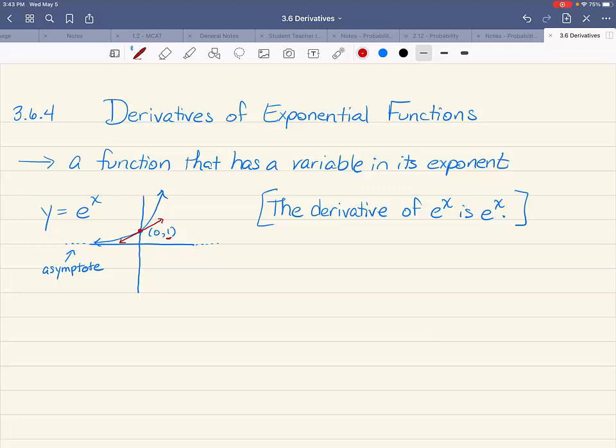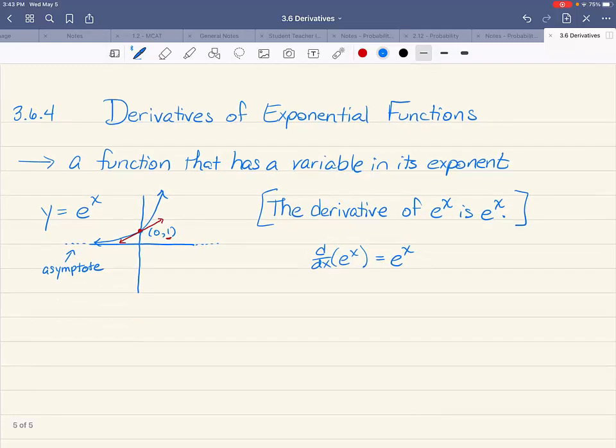So the formal way to write this down is d/dx of e to the x is equal to e to the x. The derivative of e to the x is itself.